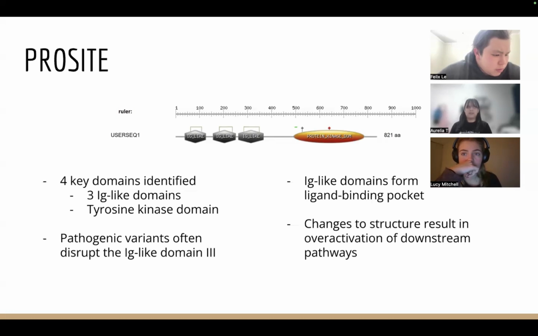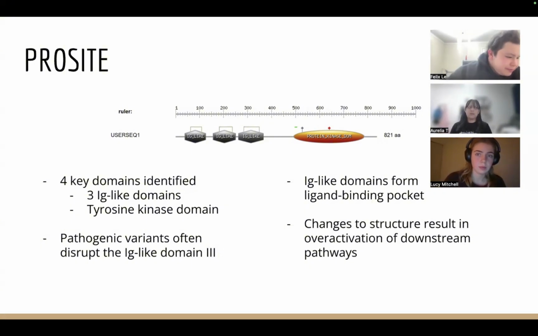Missense mutations that disrupt the amino acid sequence forming these domains can cause changes to the structural arrangement, and as protein function is closely linked to its structure, this often has a flow-on effect where the overall protein function is also modified. In Crouzon syndrome, the FGFR2 protein and the downstream signaling pathway are overly active, causing the premature fusion of cranial sutures. These types of variants are known as gain-of-function mutations.